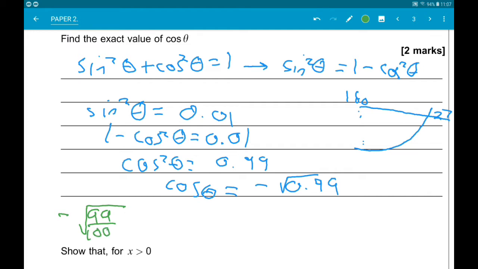Now we can say that is minus root 9/100 times 11. Sorry, root 11. So then we can say that is minus 3/10 root 11.